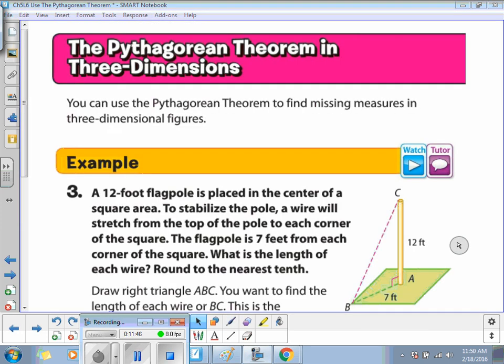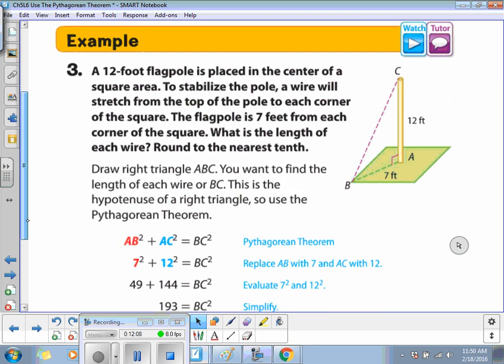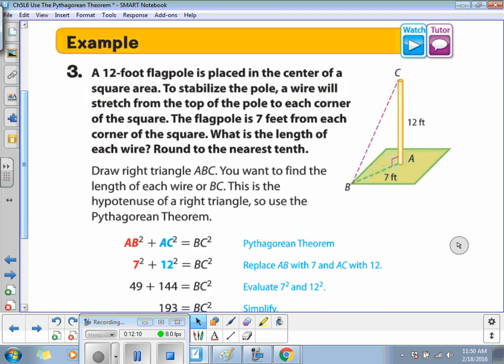All right, the Pythagorean theorem in 3 dimensions. Okay, you can use the Pythagorean theorem to find missing measures in 3-dimensional figures. Now, you use it the same way, okay? You use it the same way. All right, a 12-foot flagpole is placed in the center of a square area.